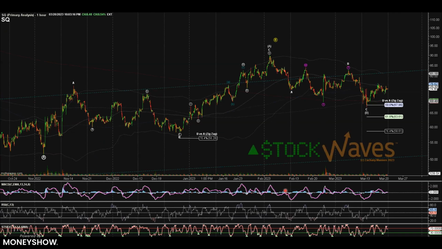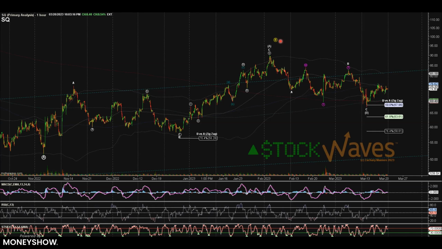So I intentionally only hinted at a few of those things in the presentation here. You can see there's a lot of mixed signals right now, which fits because even if we are heading higher, we're in a B wave before a larger C wave drop down.